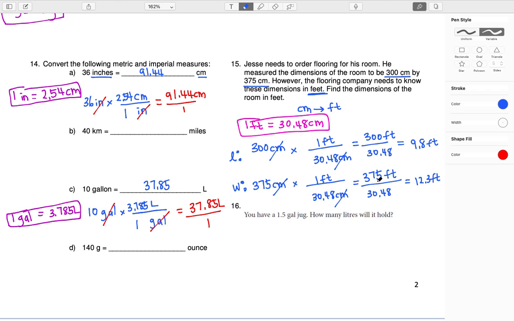So what are the dimensions? Well, therefore, the dimensions are 9.8 feet by 12.3 feet. And that is your final answer. So for word problems, make sure you end with a sentence and square box your final answer.